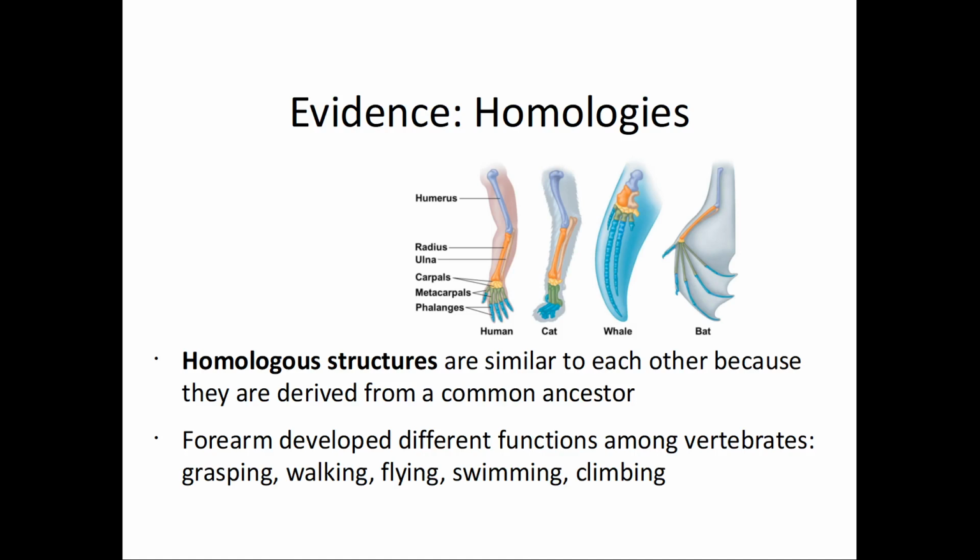And it just so happens, if you look at these various organisms, they have very similar bones. They may have changed in length and morphology a little bit, but their arrangement in respect to each other has remained largely the same.